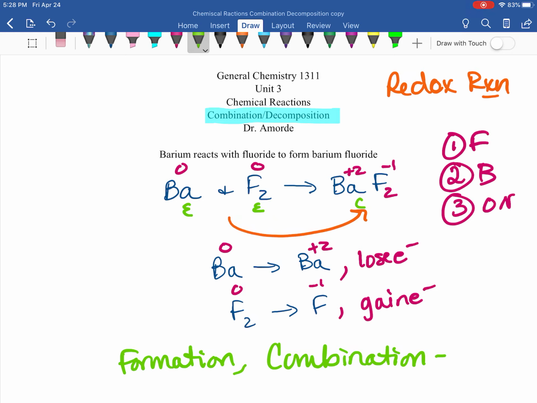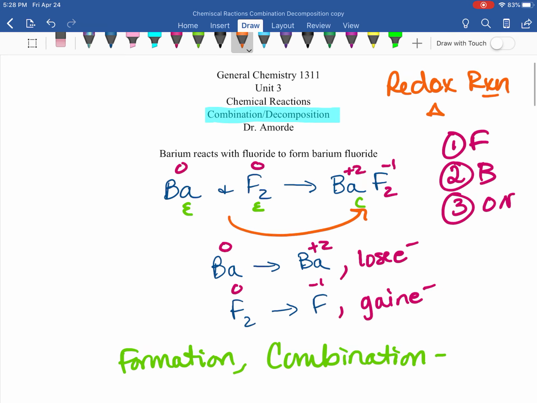Now let's do some more examples of this. We can have combination reactions that are not formation, and we can also have combination reactions that aren't redox. So we have to literally go through the steps on each one to see which ones apply.